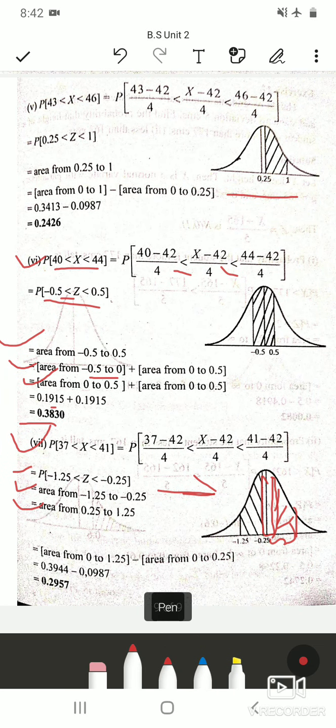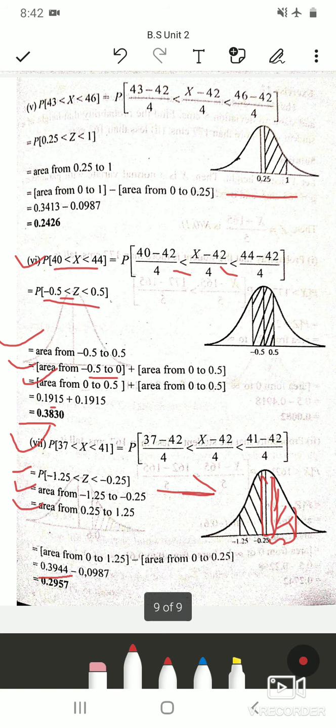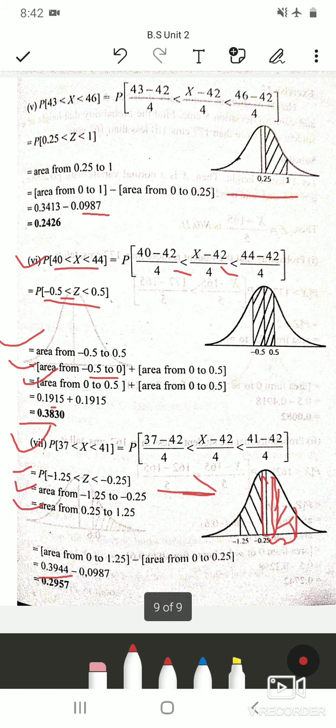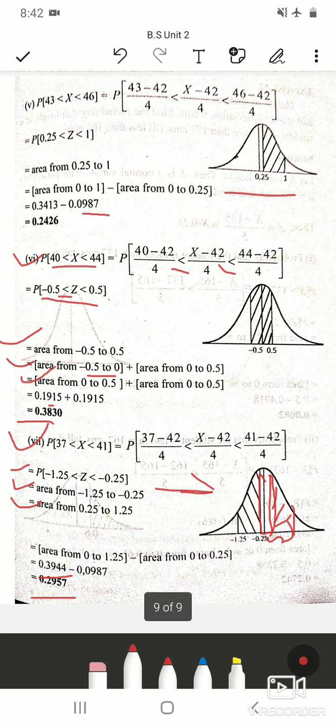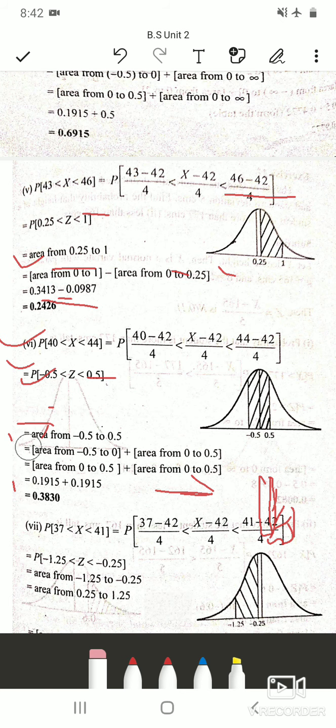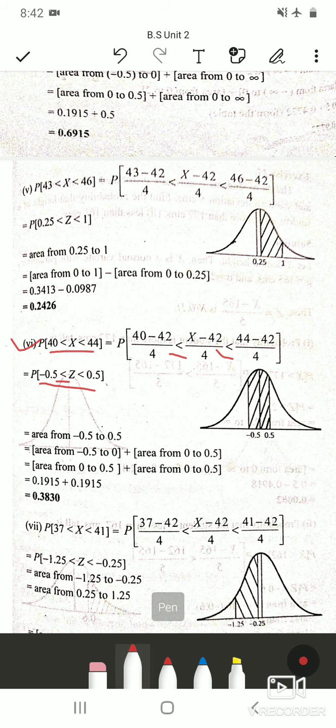It is 0.3994. Minus the area from 0 to 0.25, which we have already checked, is 0.0987. So you will get the probability as 0.2957.